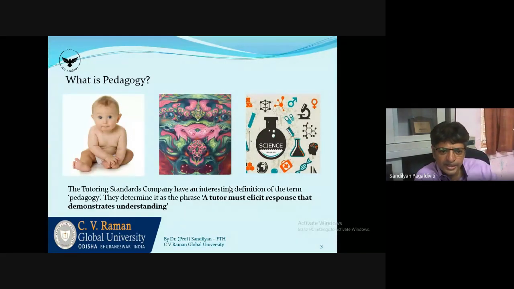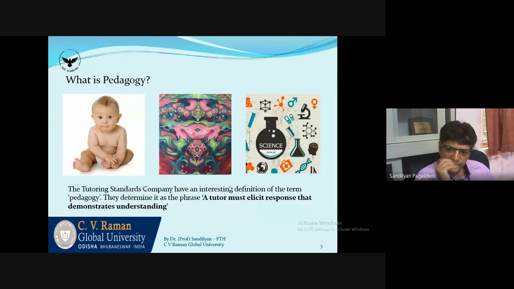So, any idea about what is the significance of this? Yes, Sheikh Abdul Karim, I got your point. Making a class interesting by using different methods. That is the purpose of pedagogy. But what exactly is this?